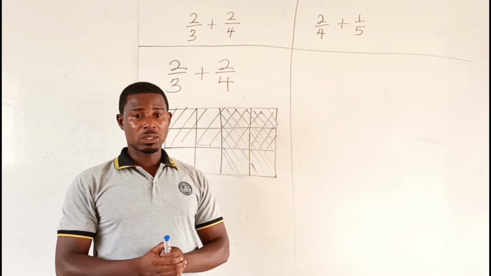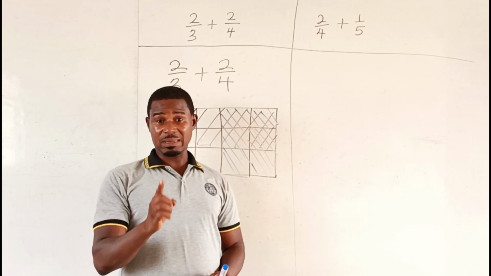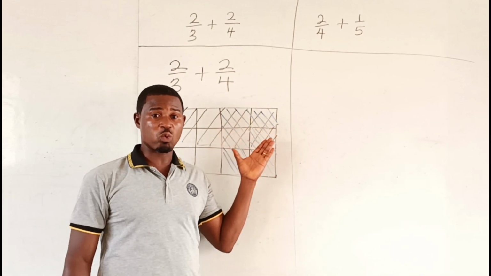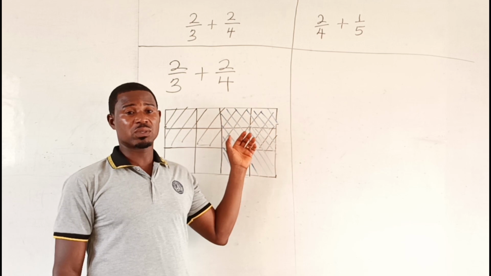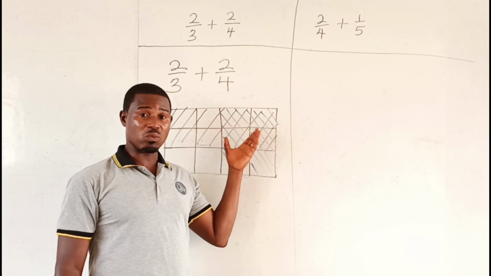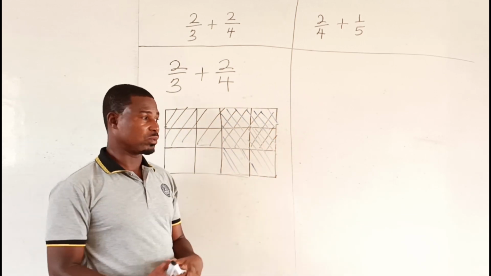Good. We are going to count the shaded portion. But this time, you realize that some portions have been shaded twice. So wherever the shading is 2, we are going to count 2 over there. So we have blue and we have black at certain places. So let's count.